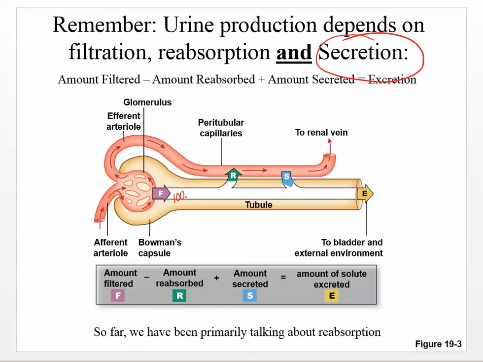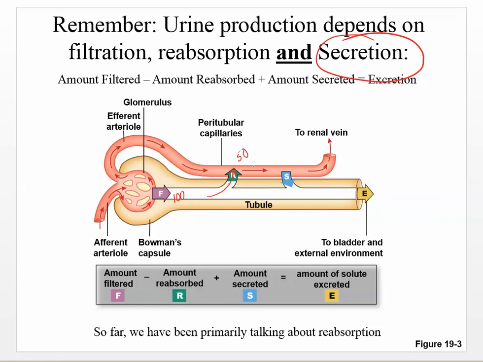It doesn't really matter. But if we have 100 coming through and we lose, let's say, 50 through reabsorption, so we have 100 milliequivalents of glucose. Well, glucose is a bad example. Potassium. And 50 is reabsorbed.